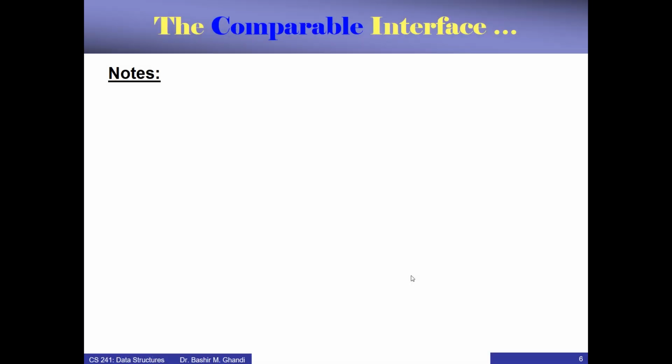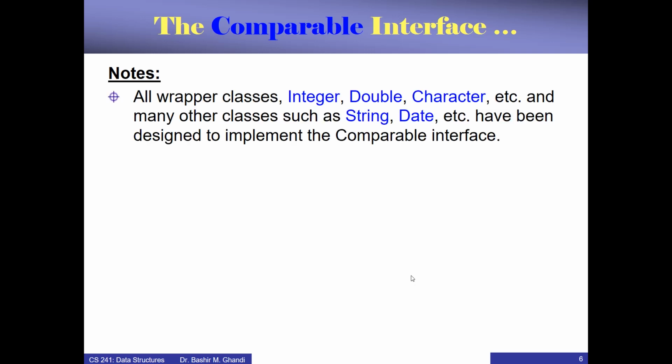Now there are some notes that we should know about the comparable interface. I will call them good news. One is that all the wrapper classes that we know and many other Java classes, I will show you in a moment the classes that actually implement the comparable interface.